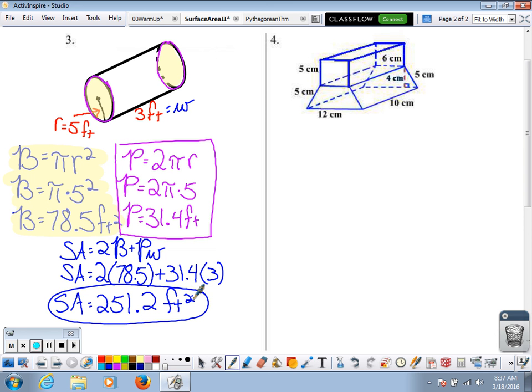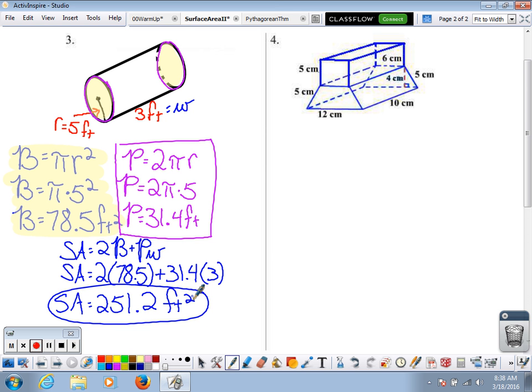Okay, so when we're looking for surface area, we have a formula. 2 times the area of the base plus the perimeter of that base times the distance between those bases. So the first thing we have to do is choose a side to be our base. Find its area and its perimeter.